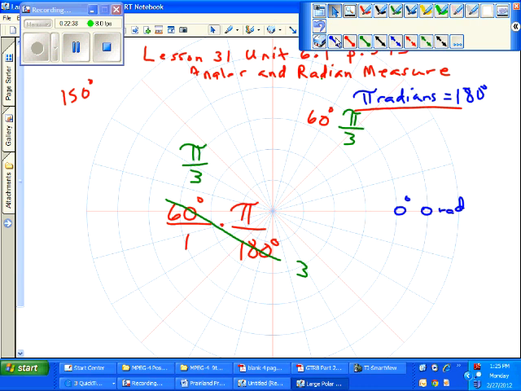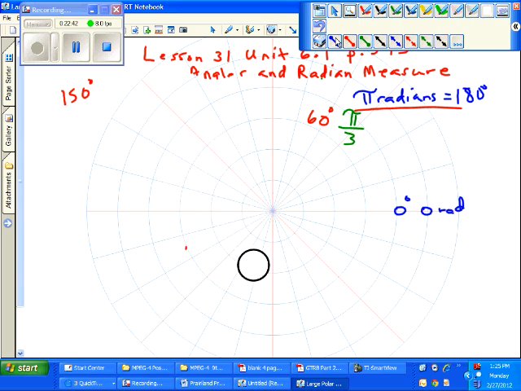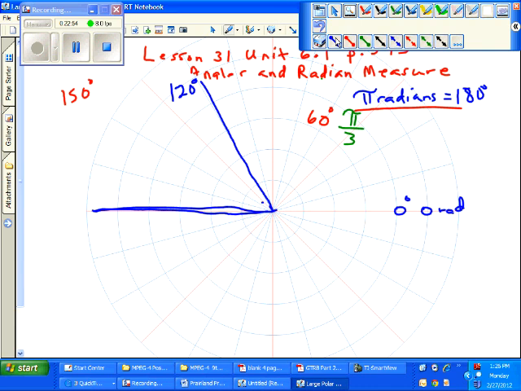Okay? So then you think, well, what about over here? Over here in quadrant 2, if I were 60 degrees away from 180, I would be right here. And if I'm 60 degrees less than 180, I'm at 120 degrees. And what would that be in radians? Well, I'd take my degrees times pi over 180.